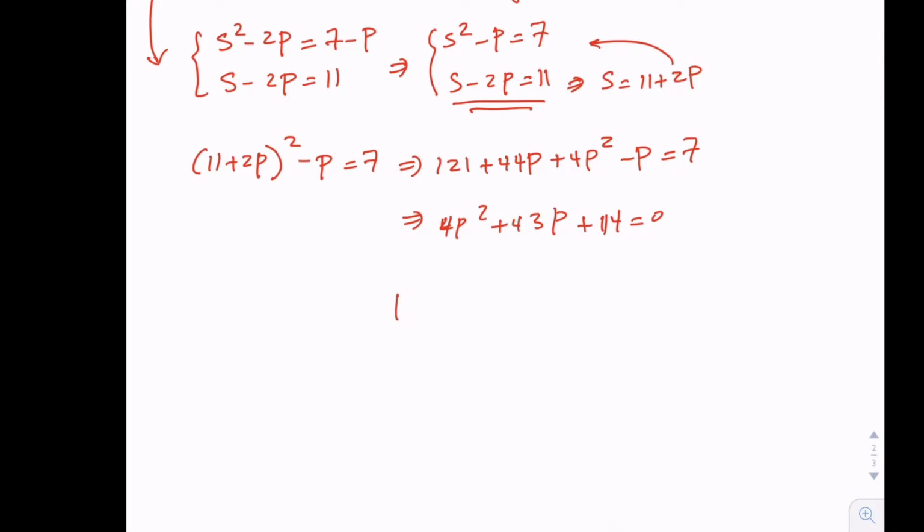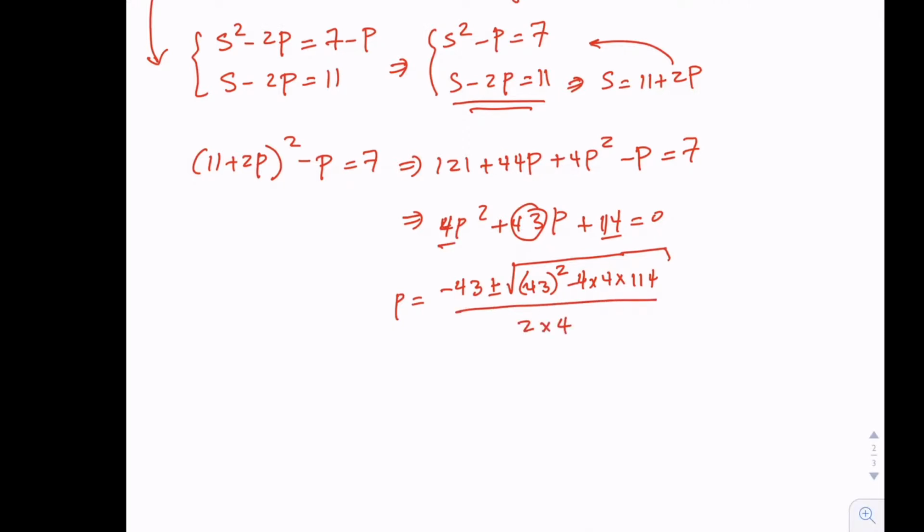So p will be minus b, which is 43, plus minus square root of b squared, which is 43 squared, minus 4 times a times c, divided by 2 times a, which is 4.